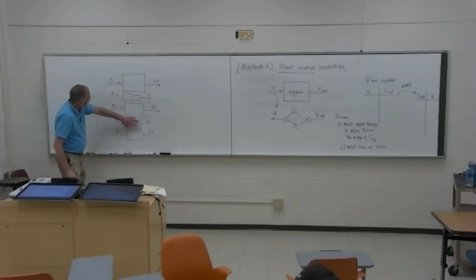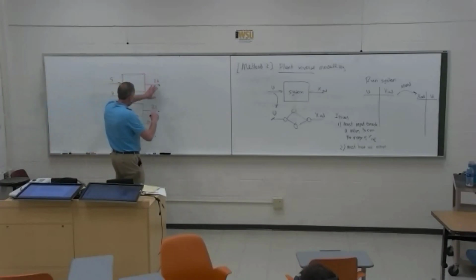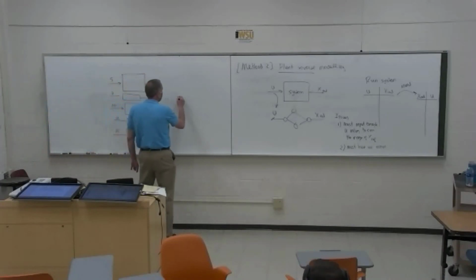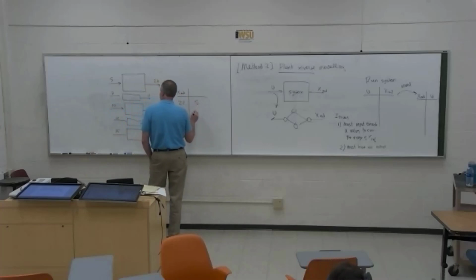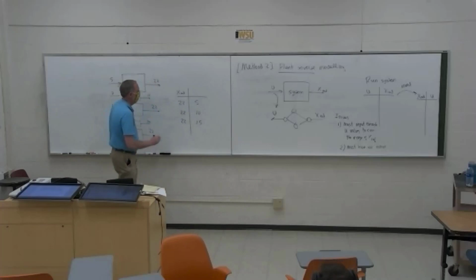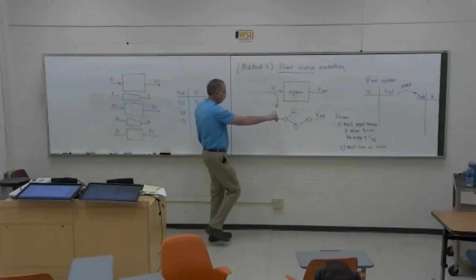So forget those that I just talked about. If you just collected data for this one, and this one, you're going to flip the data around. And so the x out is always 22. And then the target values are going to be 5, 10, and 15, right? So this is u. So now we're training this network.